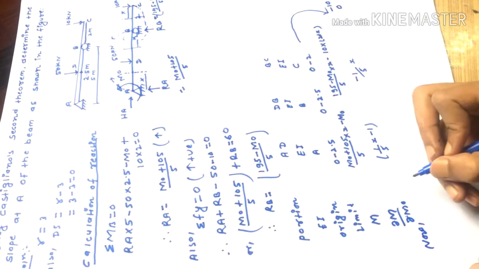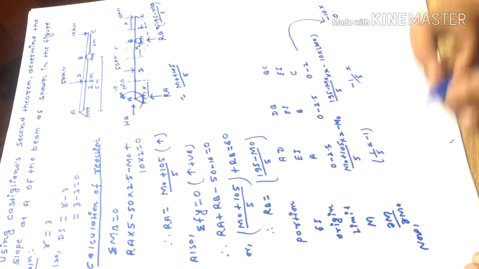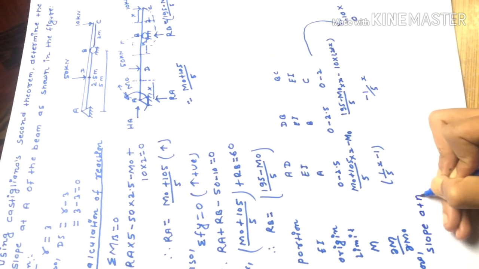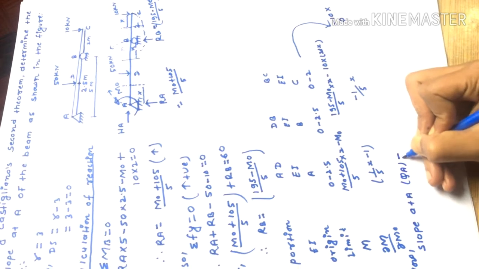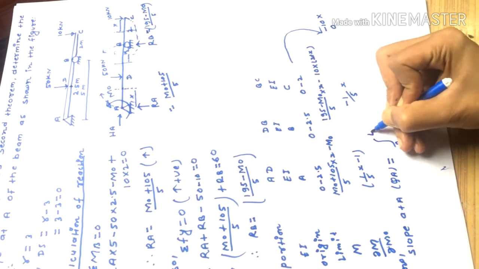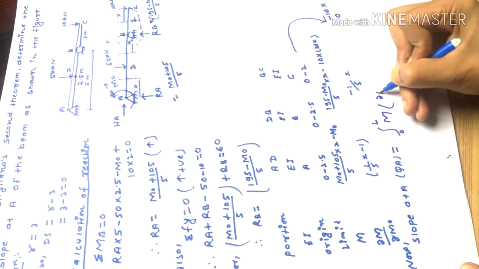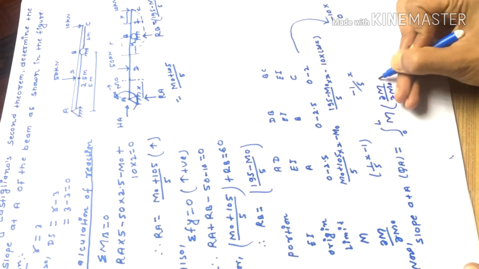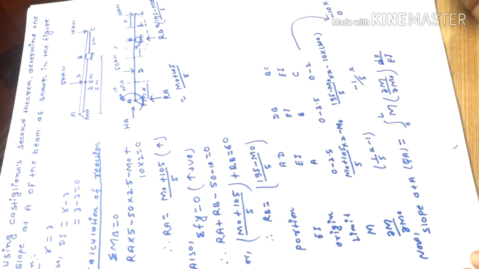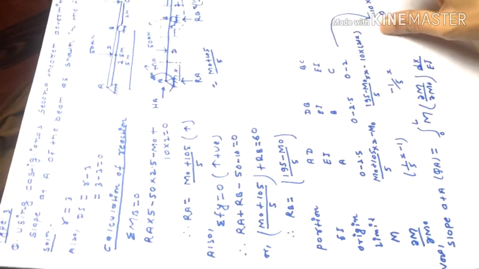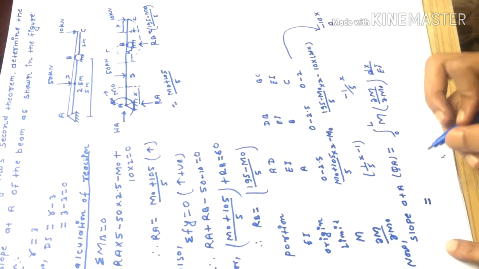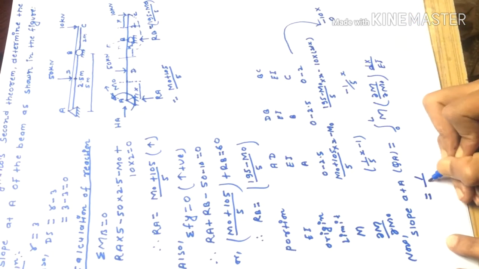Now our final step is, using the second formula, we can calculate the slope at point A. So use the formula for slope at A, that is theta A, according to Castigliano's second theorem. We know it is the integral from 0 to L of M del M by del m0 dx by EI. So let us apply this formula for each portion. First for portion AD, 1 by EI is taken outside.